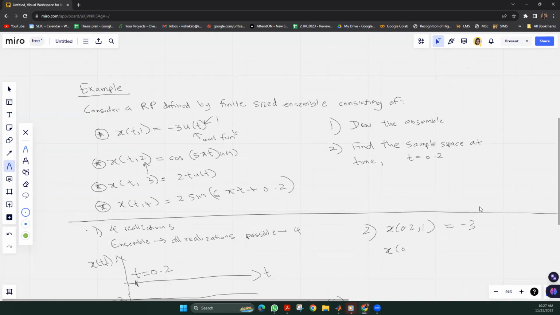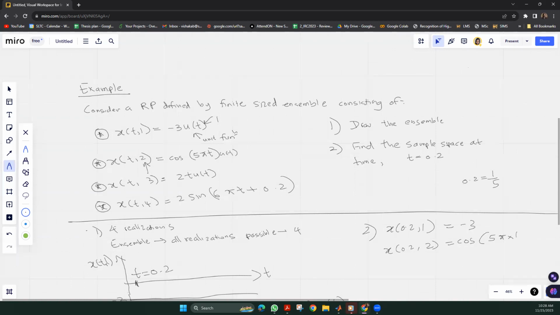Then x(0.2, 2) is, once we substitute 0.2 inside here, cos of 5 pi times the time, which is 0.2. If we simplify 0.2, it is 1 over 5.